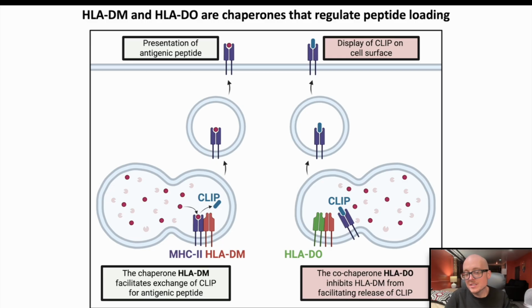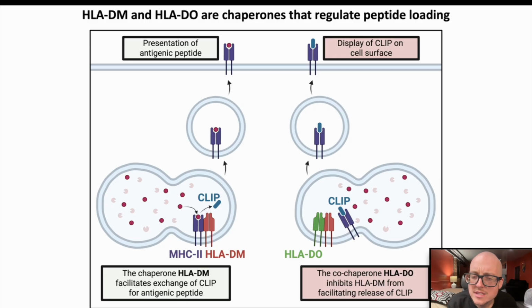Without the help of HLA-DM, as soon as CLIP left, there would not be enough time for the antigen to come in, because almost immediately the protein would lose stability. So HLA-DM chaperones it so that there's enough window of time after CLIP is displaced for the antigen to come in and bind to the peptide binding groove.